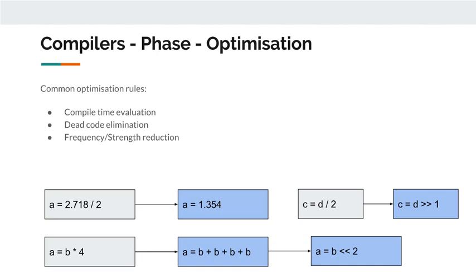If you look at tools like SASS or LESS, which compile SASS code into raw CSS, you will find this first instruction in the diagram at the bottom, which is A equals 2.718 divided by 2.